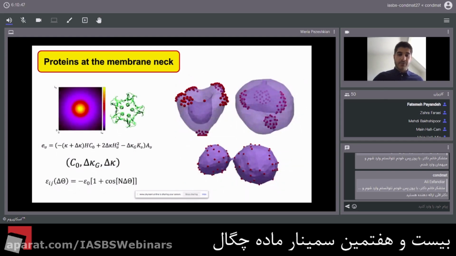If we use the other model, the symmetric model of the protein, we don't really get proper results. First of all, the proteins do not go to the neck, or sometimes they even induce their own invagination and cluster into the invagination itself, not the neck. Even in the case of the dumbbell shape, they still don't do that.